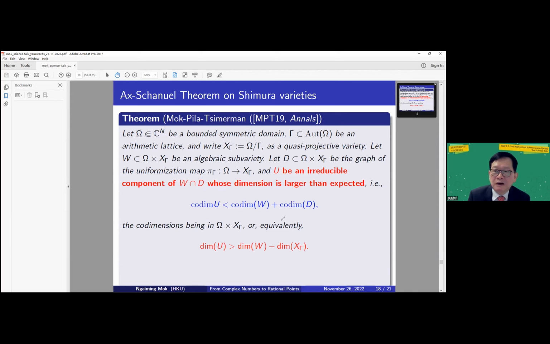Then the conjecture would say that the projection of one irreducible branch, U, to x gamma would be contained in the totally geodesic subset Y, which is a proper subset of x gamma.